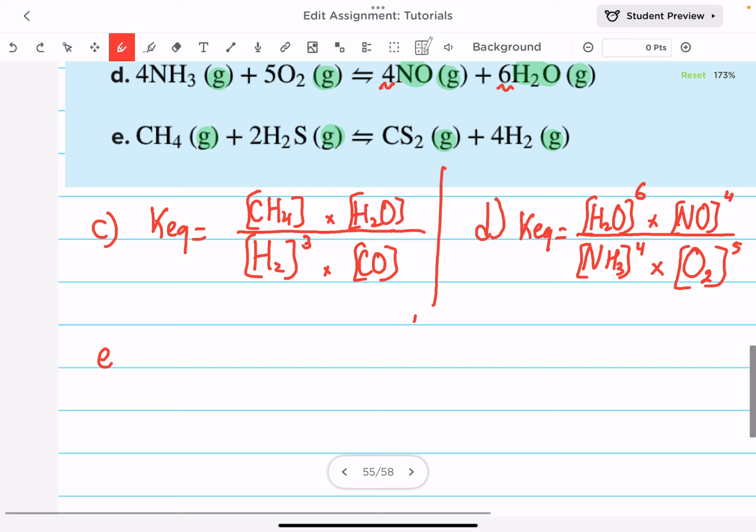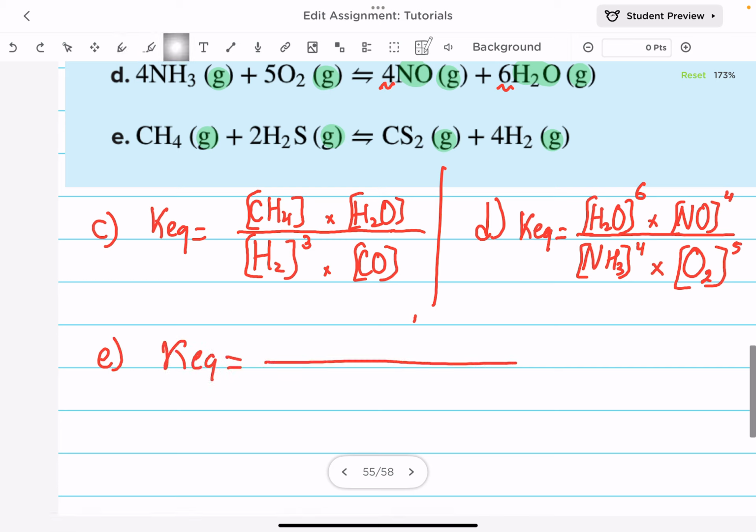Finally, the last practice. K equilibrium will be equal to H2, the product, multiplied by CS2 concentration: H2, hydrogen gas, raised to the power of 4, multiplied by the concentration of CS2, divided by the concentration of the reactants.